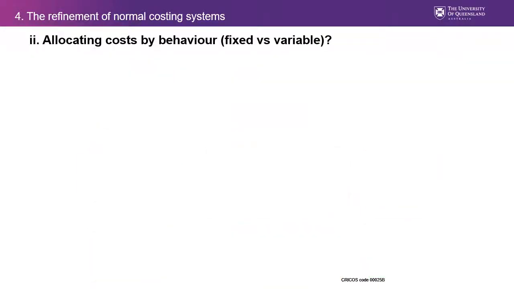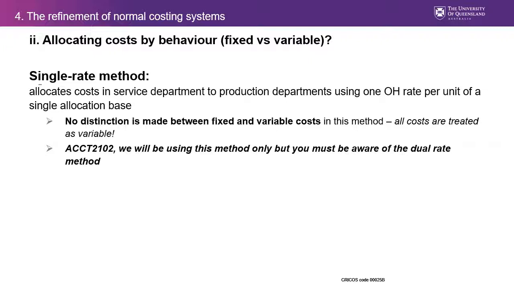Allocating costs by behaviour. If you're using a single rate method, which means that you calculate only one rate for each of your support departments or service departments to allocate to your production departments, that means that no distinctions are made between your fixed and variable costs, and that's the method that we use in Accounting 2102.